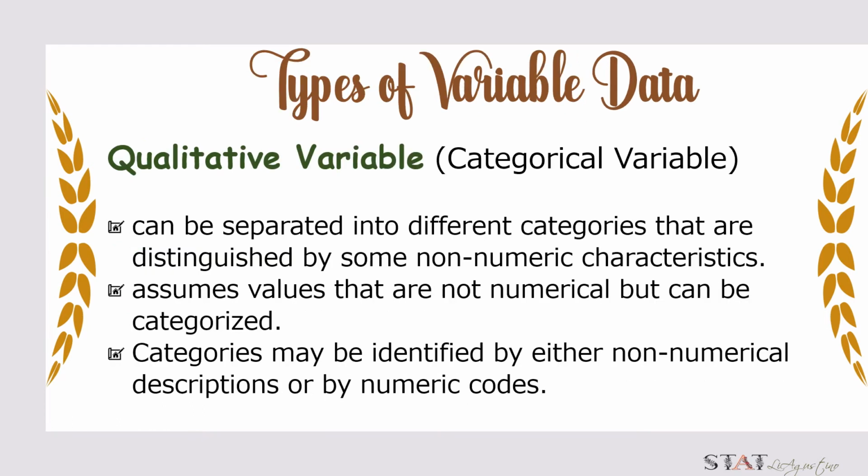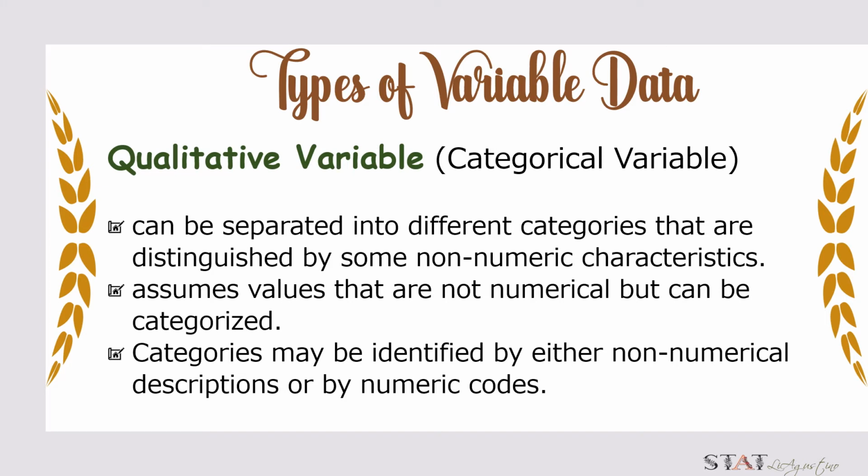Now, what are these two types of variable data? As I've mentioned earlier, we have the categorical variable or the qualitative variable, and numeric variable or the quantitative variable. So what is this qualitative variable? It can be separated into different categories that are distinguished by some non-numeric characteristics. For example, the gender.